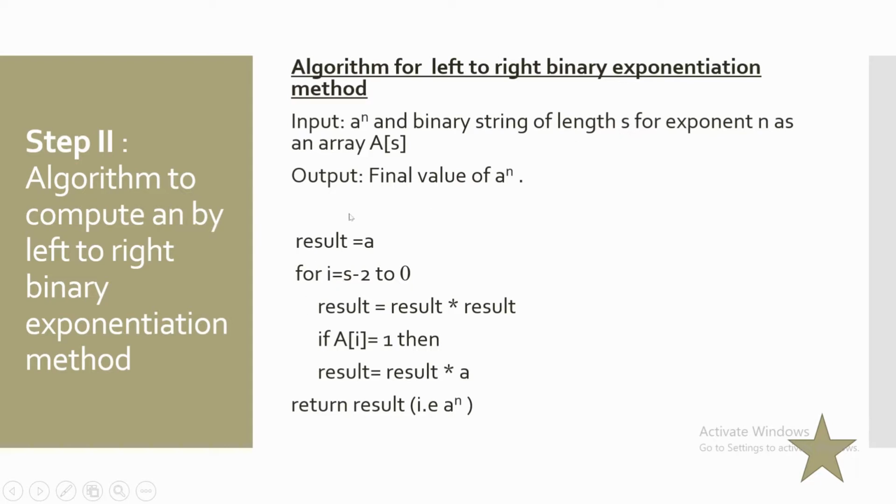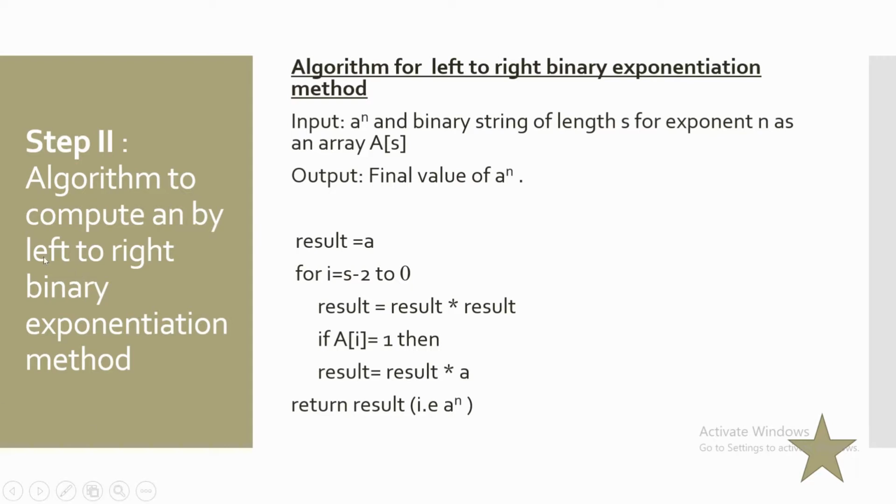So here what we are doing, initially my result is containing the value a. Then I told you our loop should go over the binary digits, because this method is left to right.